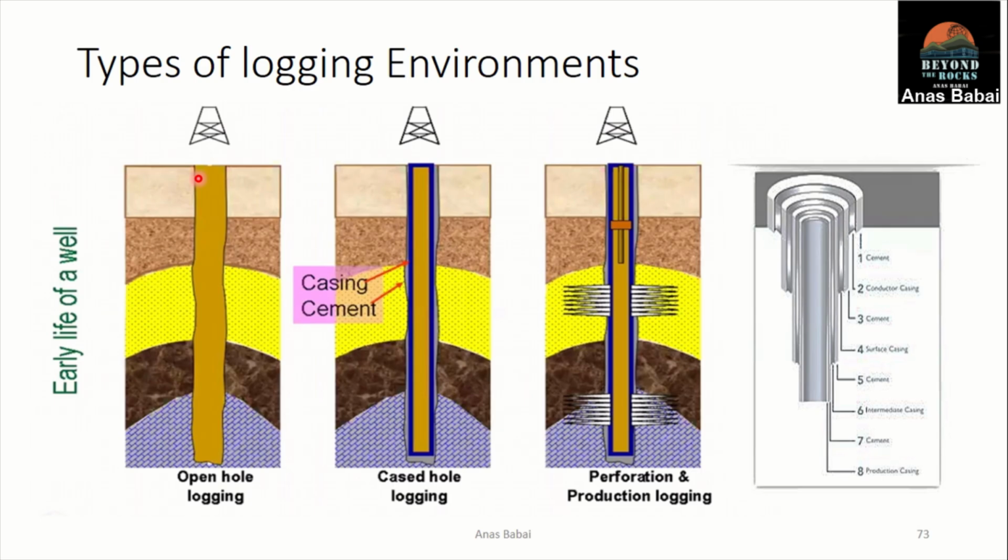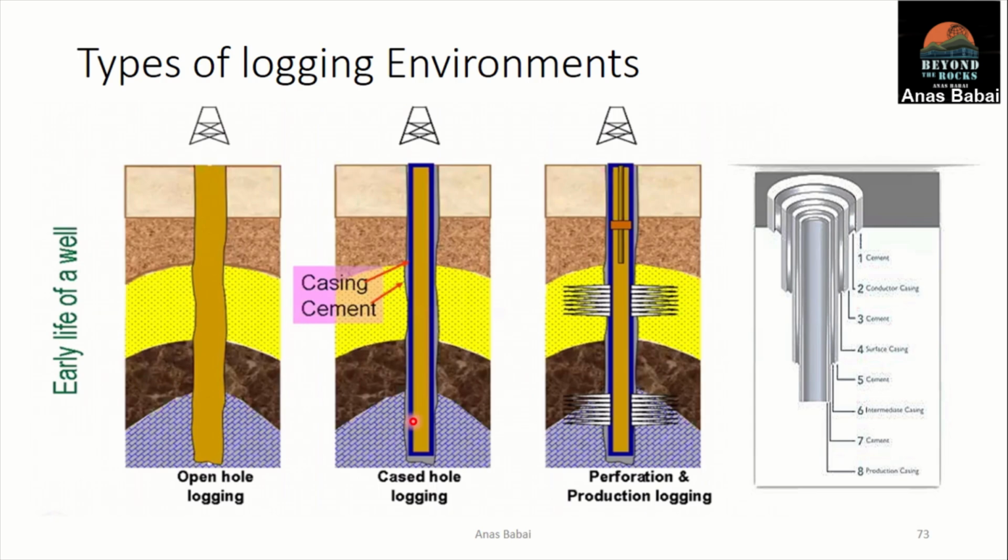In addition, there are some logs that cannot be run in the cased hole, so we need to run those logs in the open hole in order to get proper information, because the tool has to be fixed against the borehole wall.